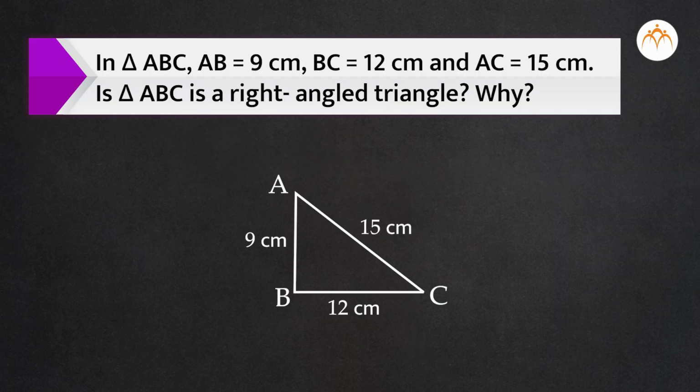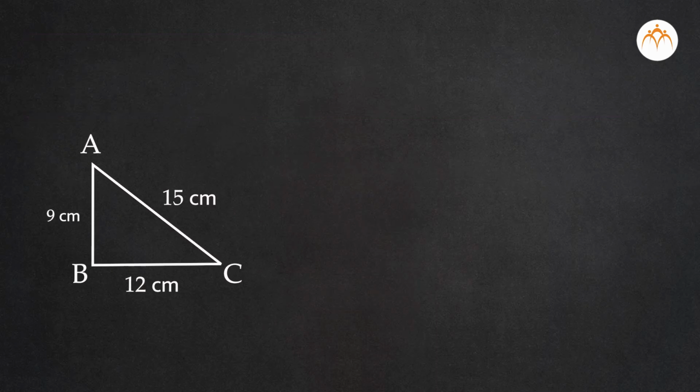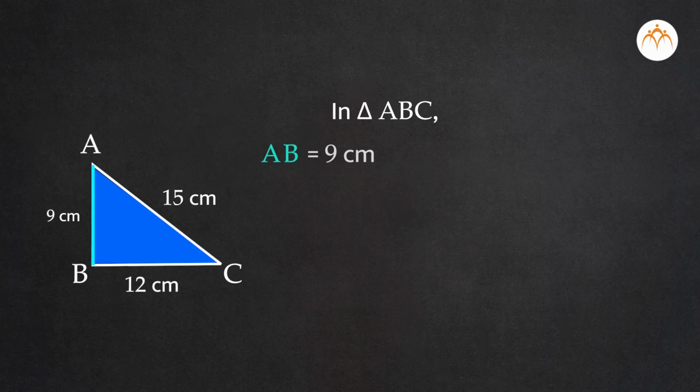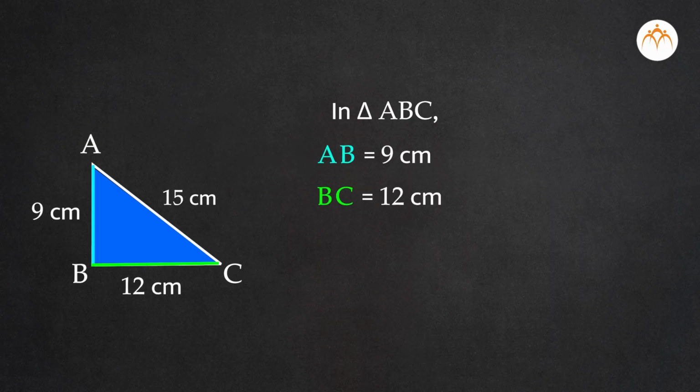In triangle ABC, AB is equal to 9 cm, BC is equal to 12 cm and AC is equal to 15 cm. Is triangle ABC a right angled triangle? Why? Let's see the solution. In triangle ABC, AB is equal to 9 cm, BC is equal to 12 cm and AC is equal to 15 cm.